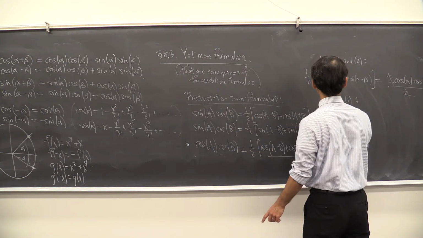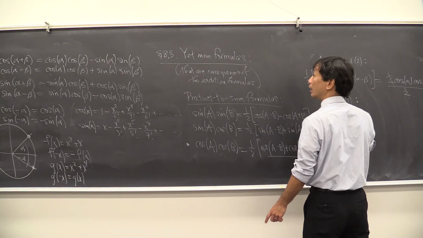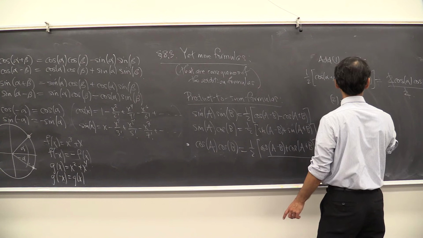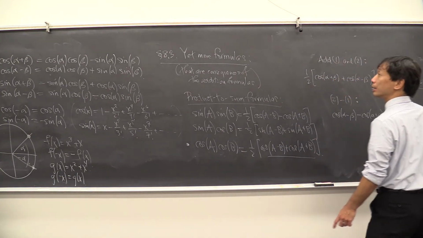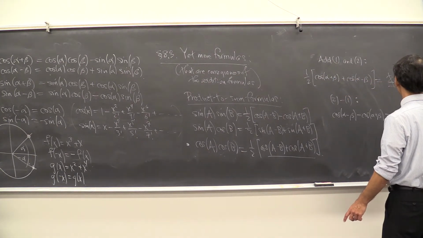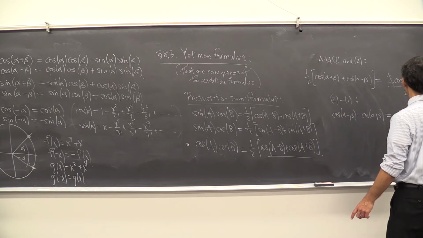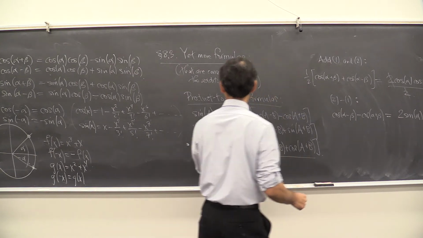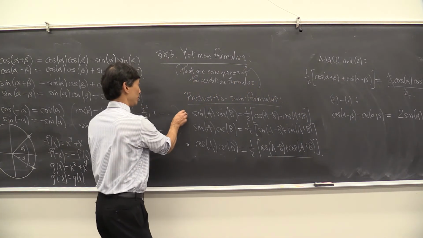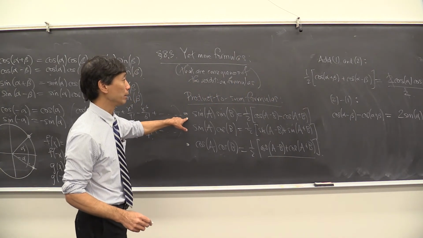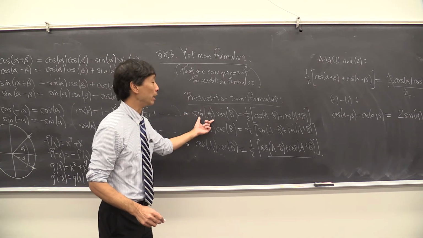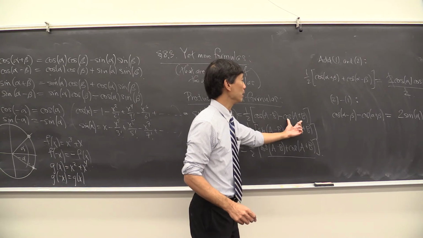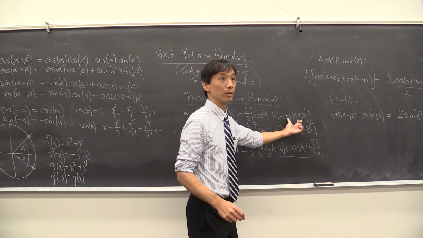then we're going to get cosine alpha minus beta minus cosine alpha plus beta equals twice sine alpha sine beta. Divide both sides by 2 again. That gives you the first formula here: sine alpha sine beta equals 1/2 of cosine alpha minus beta minus cosine alpha plus beta.